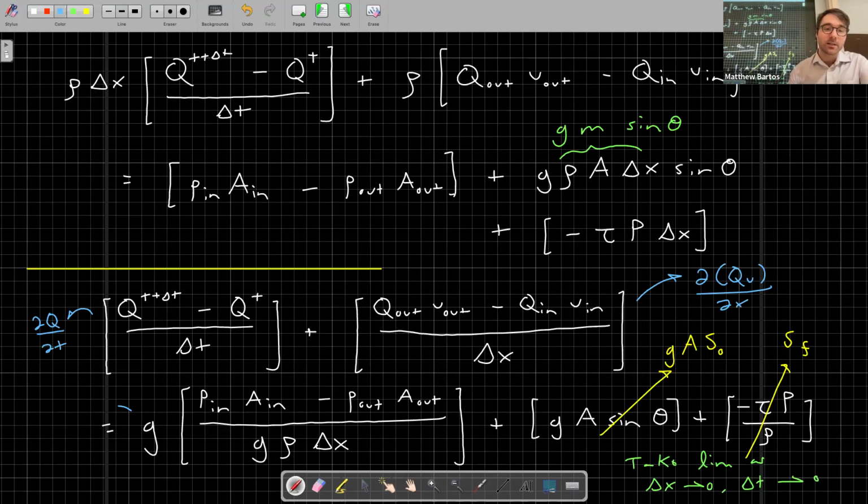This term here will become g times A times 1 over gamma, where gamma is the specific weight, times dp by dx. This term here becomes gA times the bottom slope, and this term here just becomes gA times S_f.